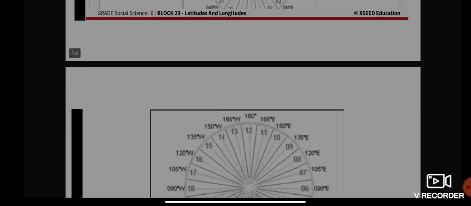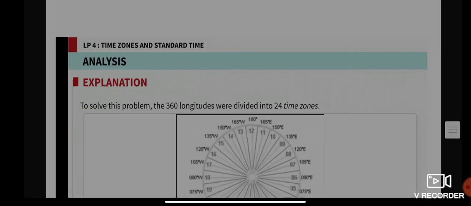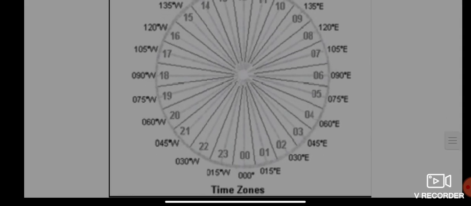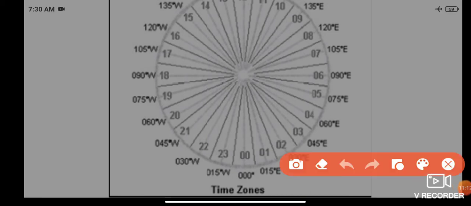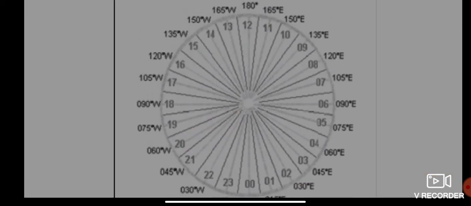So as you count these spots, you'll find 24 time zones. See, this is the time zone map and how it is divided.